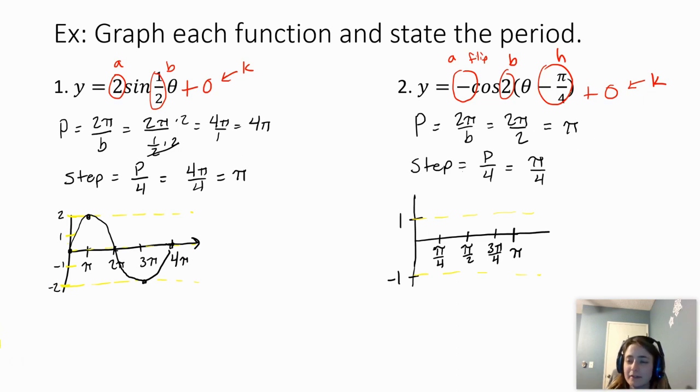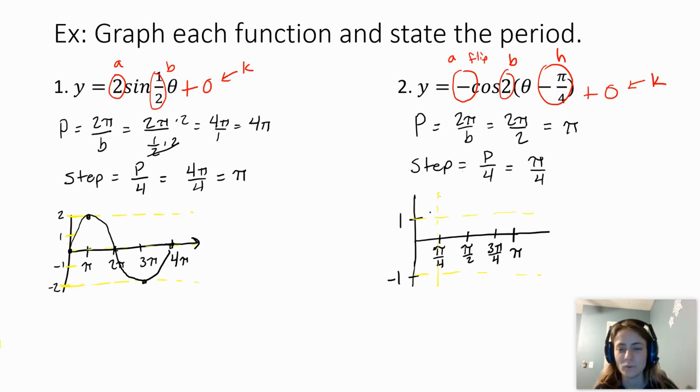And finally, we have this h to worry about. We are shifting. H is negative pi over 4, so we're going to shift to the right by pi over 4. So instead of starting at 0, we're going to start at pi over 4. So I'll just make a line here to remind ourselves that we're starting at pi over 4, not 0.